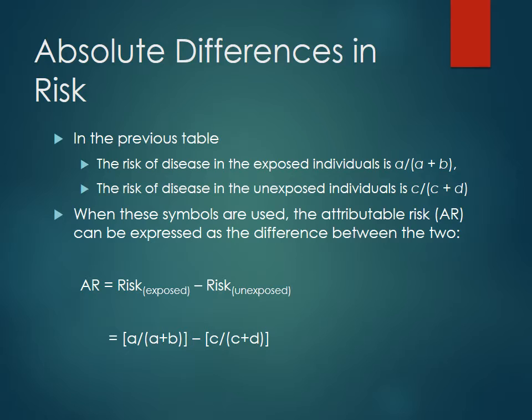Odds you're going to see is a little bit different, but for risk, it's always going to be your total at-risk population. So it'll be A divided by A plus B, and this will give you the risk in the exposed group. Similarly, you're going to do the same calculation for the unexposed group, and when you put these down to calculate it, you can see it's just one minus the other. So again, don't get scared by the variables, just know what they're representing. Again, the difference in risk here is also going to be the attributable risk.